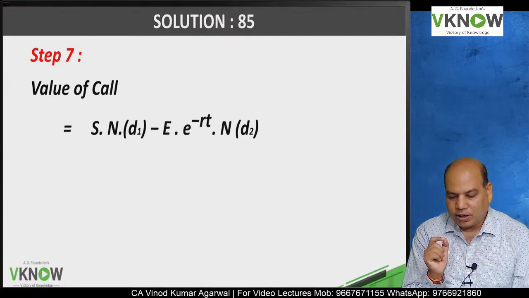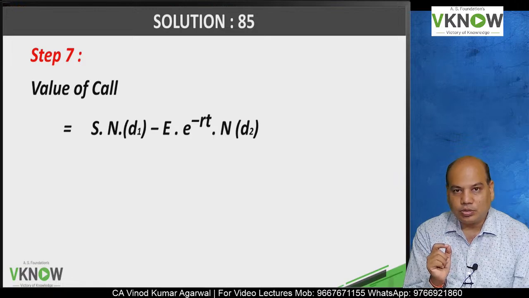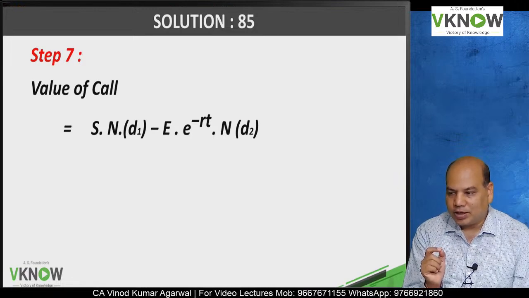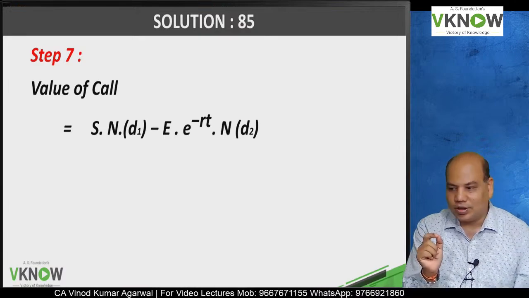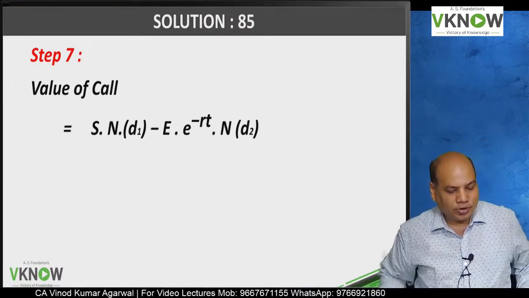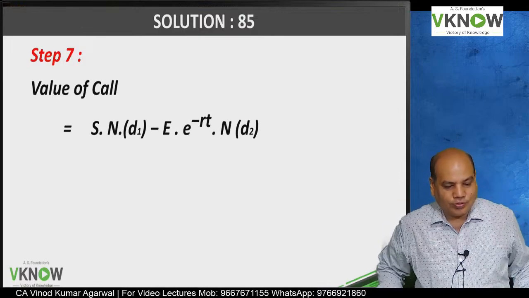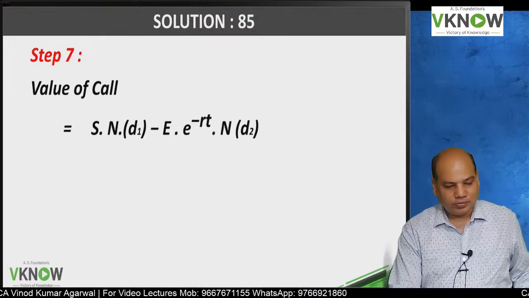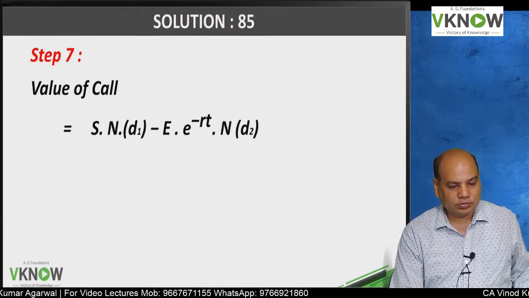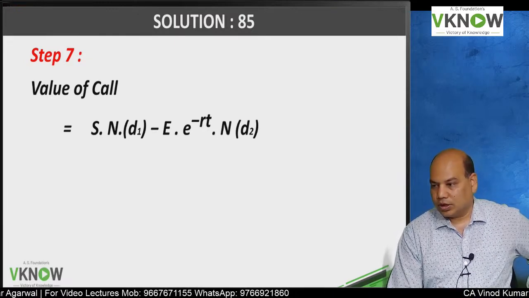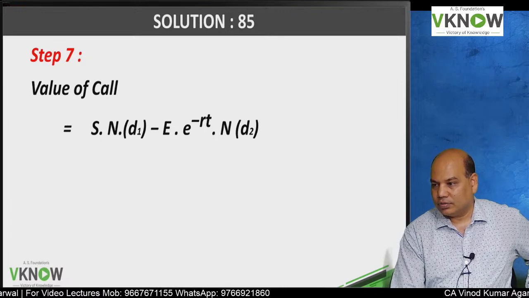Do you remember Black-Scholes formula? S into ND1 minus E into e to the power minus RT into ND2. Okay, solve.